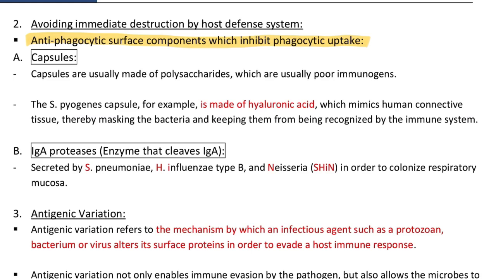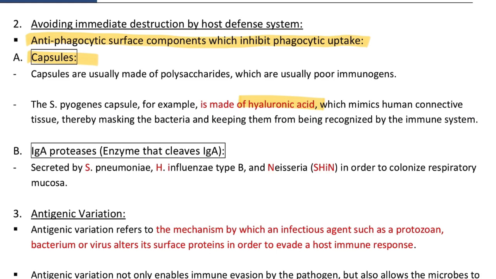First one, capsule. The capsules we can see are polysaccharide layers that hide the bacteria from immune detection. For example, Streptococcus pyogenes uses a hyaluronic acid capsule that mimics human connective tissue, helping it evade phagocytosis. Clinically, encapsulated organisms are poorly immunogenic, meaning vaccines often need conjugation with a carrier protein. How can we do diagnosis?